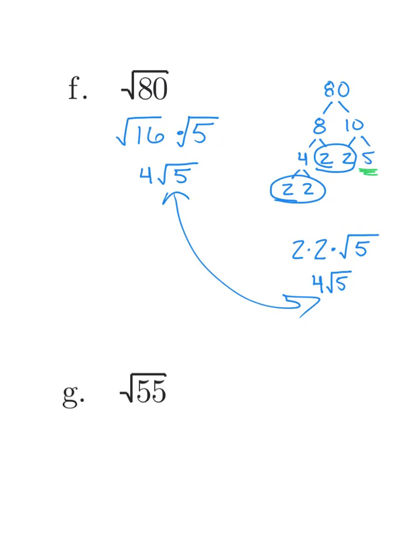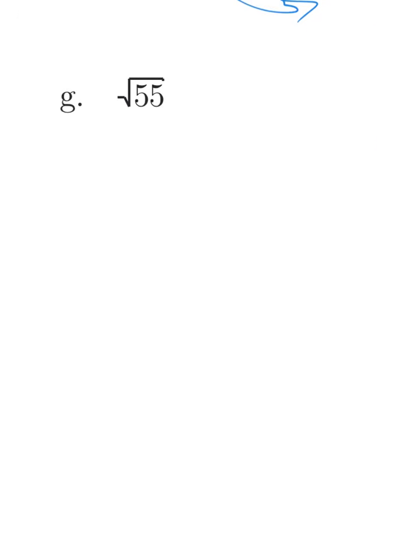All right, let's look at example G. We have the number 55. If you try to factor this, unfortunately, I'm going to do this using factor trees. The only thing that multiplies to 55 is 5 and 11. Neither one of these is a perfect square.